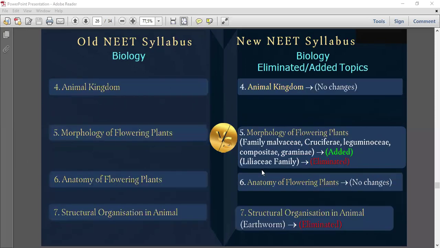Next, animal kingdom, there are no changes. Fourth chapter. Then morphology of flowering plants, family, okay, Malvaceae and Cruciferae, these topics were added, and then Liliaceae family eliminated. Then anatomy of flowering plants, there are no changes, and then from structural organization in animals, earthworm, this topic is eliminated.